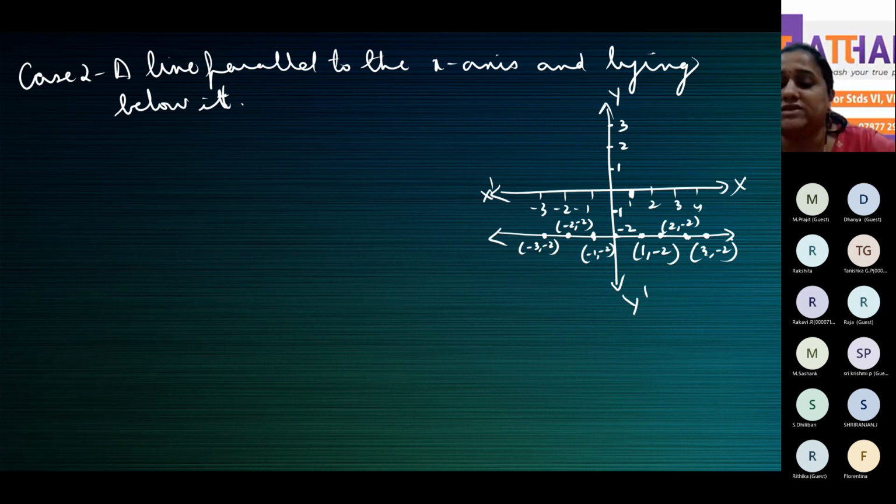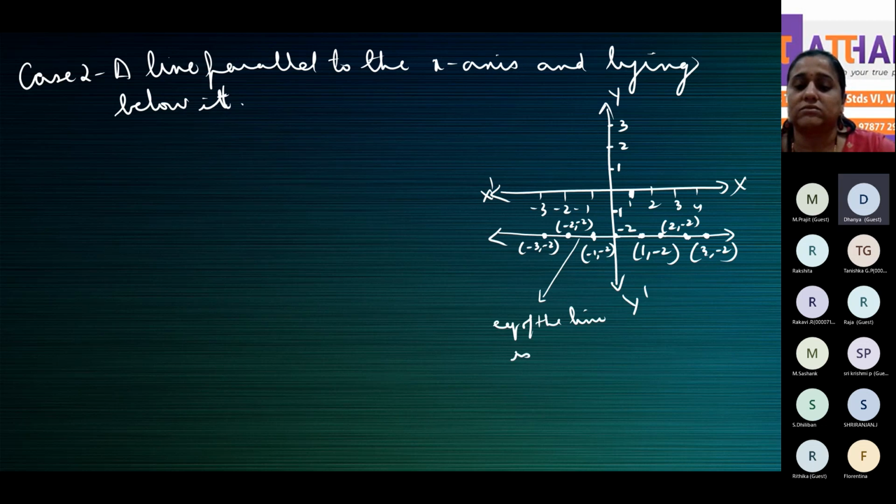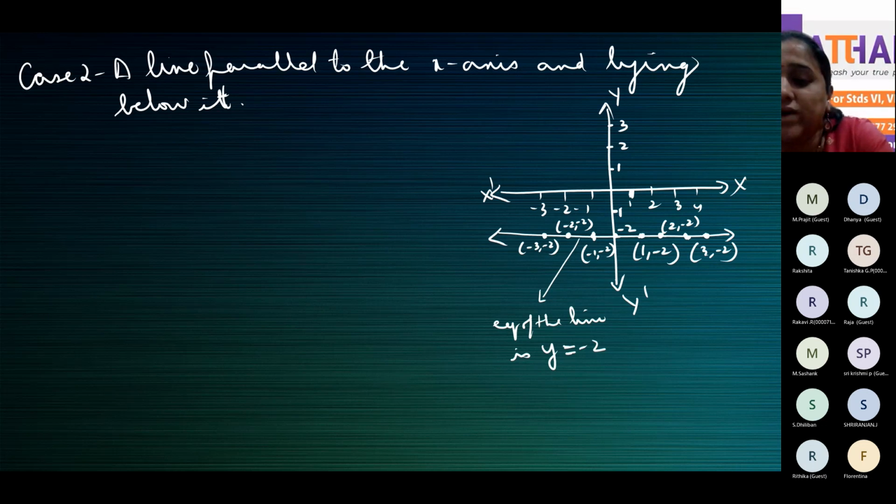So what will be the equation of this line? Y is equal to -2, because the y coordinate is -2 everywhere.